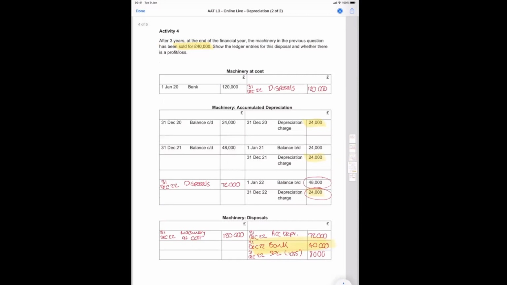The disposals is when we're approaching that end of life of the asset and we're removing that from the business accounts and how we have to introduce the disposals account to account for that. And we can either sell that asset, scrap that asset, or part exchange it, which is what's covered in activity 5.